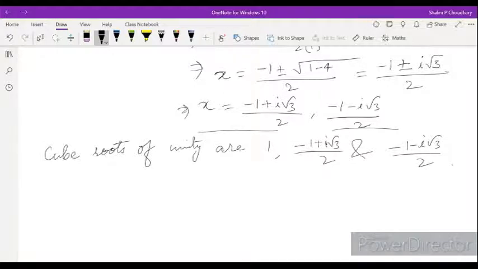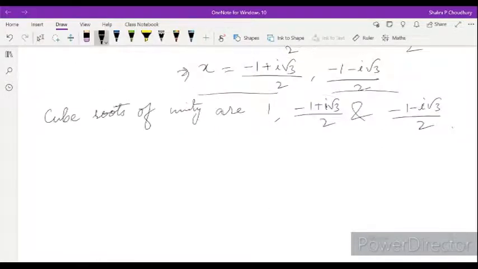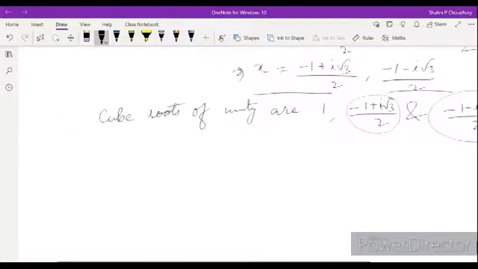Now we can see these 2 roots are conjugate of each other, because minus 1 is there, and only the sign of the number with i, I mean the imaginary part, changes. The sign of the imaginary part will change only. So you can see these 2 are conjugate of each other. One root is 1 and the other 2 roots are conjugate of each other.